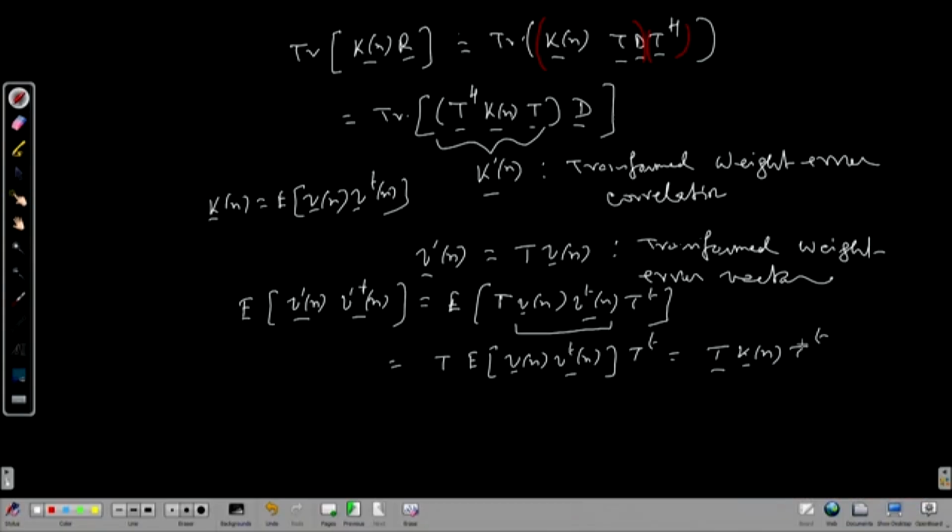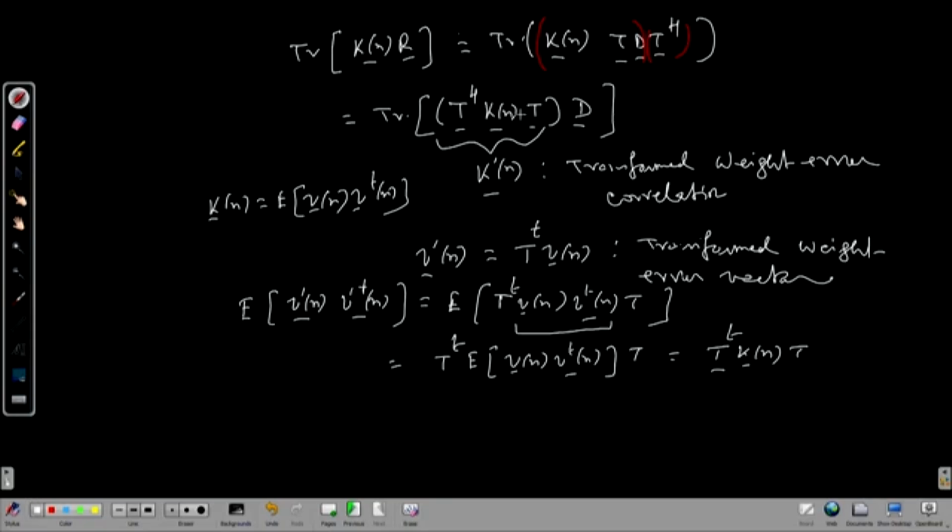Okay. Let me do one thing, instead of this V prime n, let me make it T transpose V n. I am changing the definition. So, it will be T transpose and this transpose will go, which is my T H here, but we are dealing with real cases.